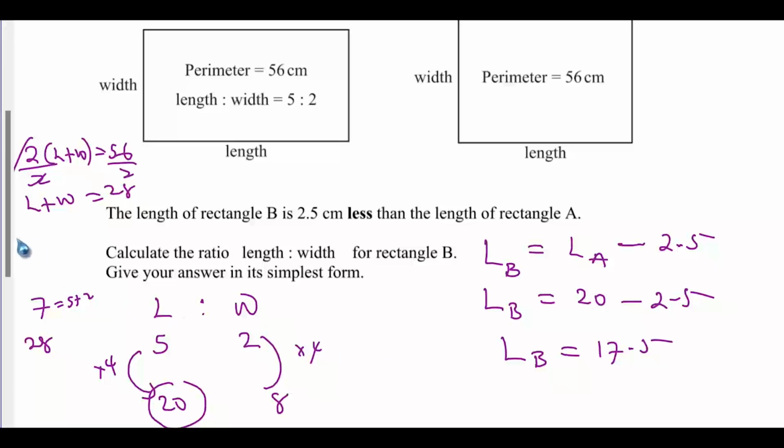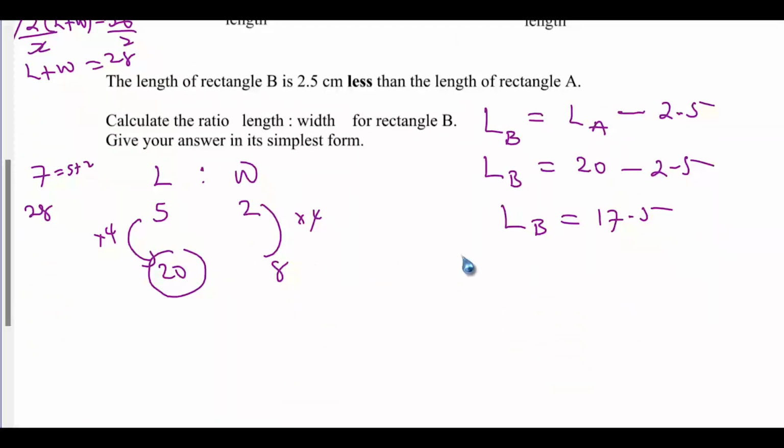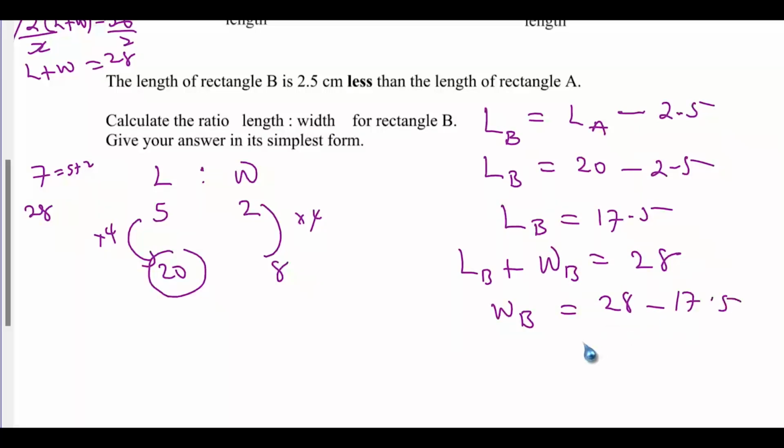That means the length of rectangle B will be 17.5. Since they have the same perimeter, the length of rectangle B plus the width of rectangle B should also add up to 28. So the width of rectangle B will be 28 minus 17.5, which gives us 10.5.